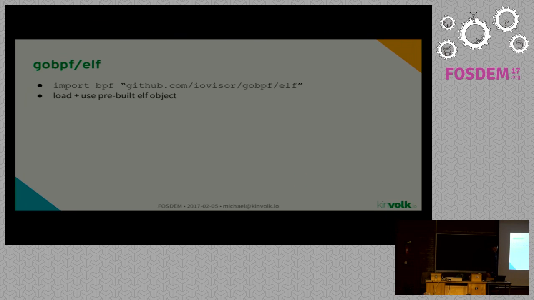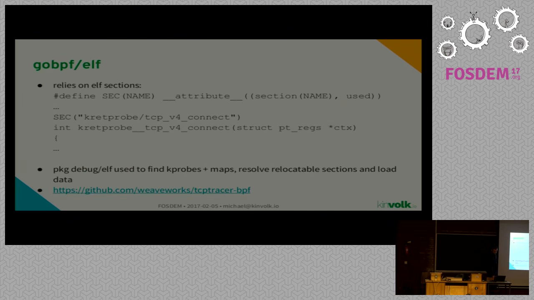This feature relies on elf sections. So in Linux elf files, you have sections. And by setting particular section names, so here, for example, kretprobe for a return probe, we allow Go.mp4 to detect from the elf file how the contents should be loaded.